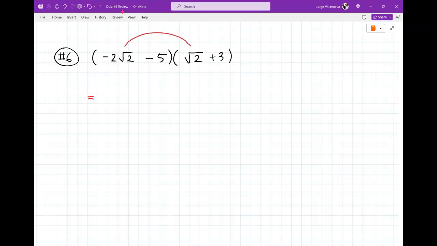First thing I'm going to do is multiply those two. So negative 2 radical 2 times radical 2 is negative 2 radical 4. That's the first one. Now let me multiply the same first term times this second term. So negative 2 radical 2 times 3, that's negative 6 radical 2.